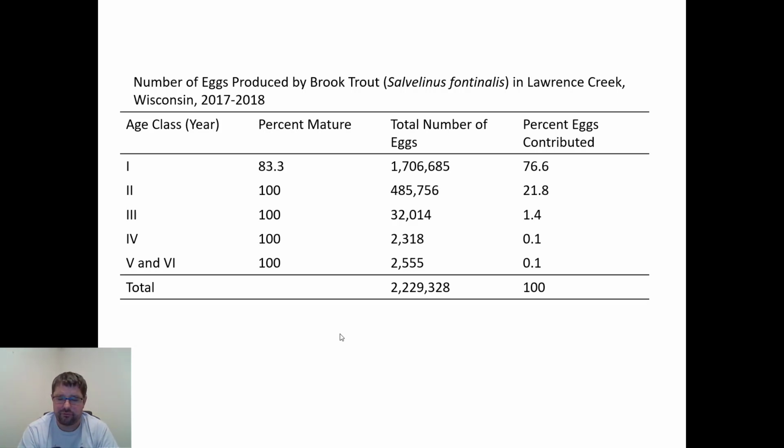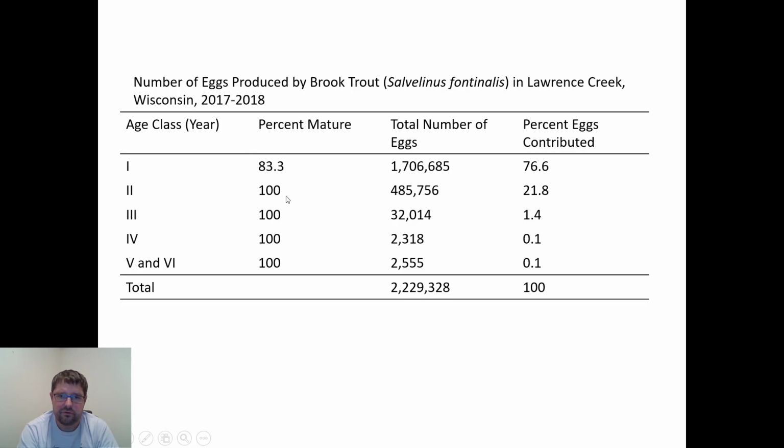So here's an example. 2017, 2018, Lawrence Creek, Wisconsin. Here are the numbers for brook trout. You have age classes: first year, second, third, fourth, fifth, and sixth. Percent mature. You only have about 83% maturity at that first year class.